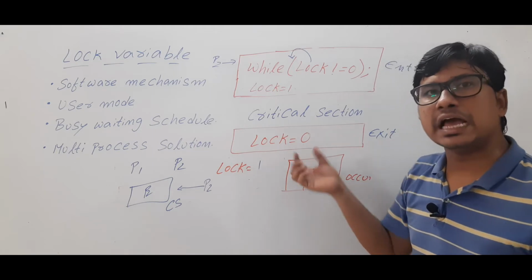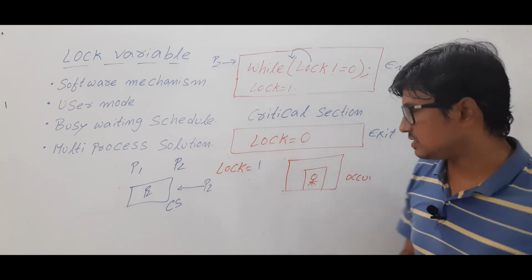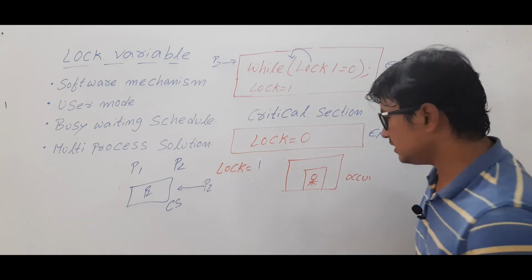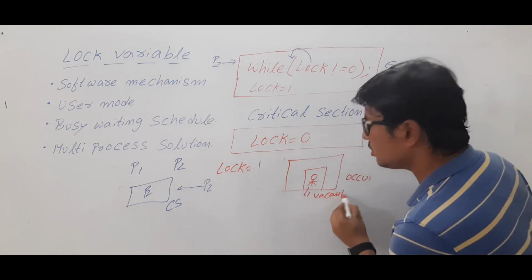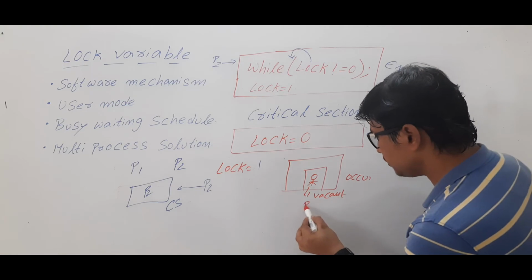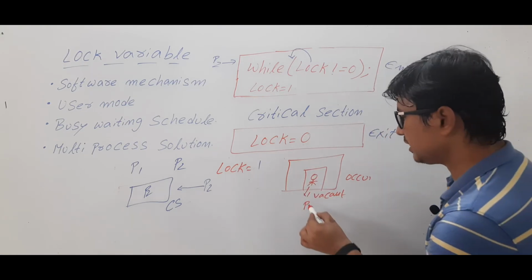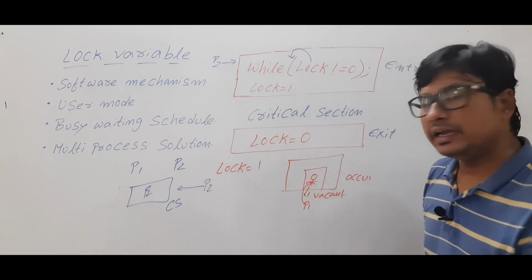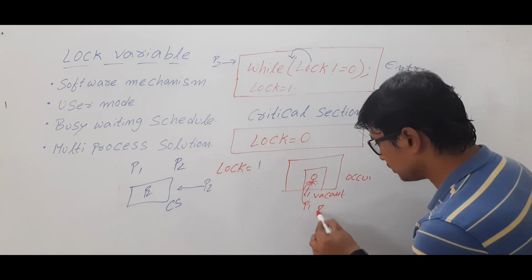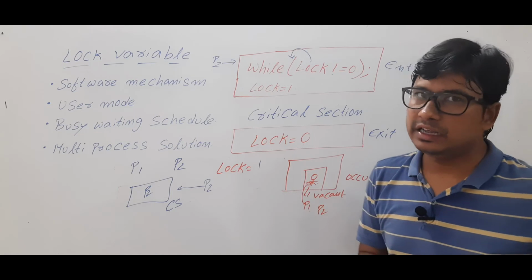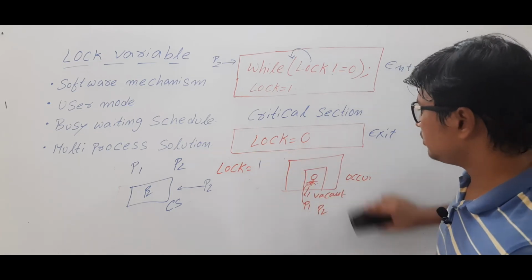If it is written as vacant, then I can enter. Is it clear? So let's take that it is vacant. Now person P1 has verified it is vacant, then he will go inside and keep a tag called occupied. So if any person wants to enter, it will display as occupied, they will not enter. The same way it will work.